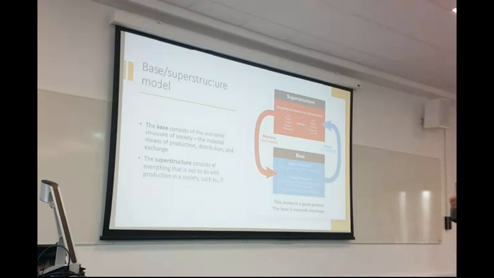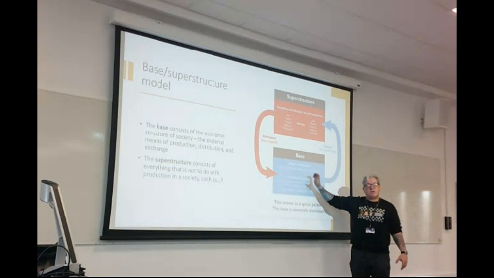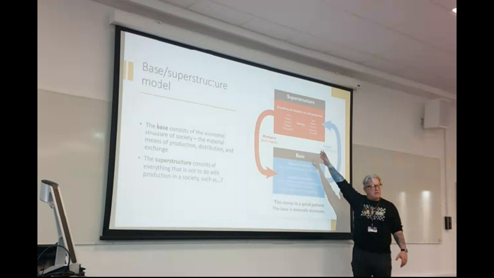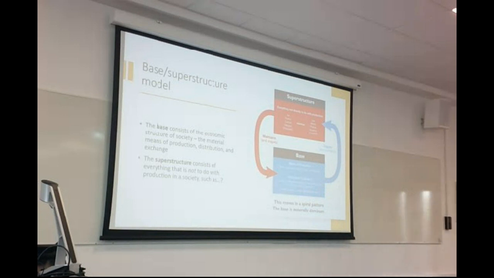I've got here art, family, culture, religion, philosophy, law, media, politics, science, education. The ideological content of a society. So, let's take it back one step again. Those people who own stuff, own the means of production, create and maintain the ideological content of a given society. That ideological content is the culture of a society.